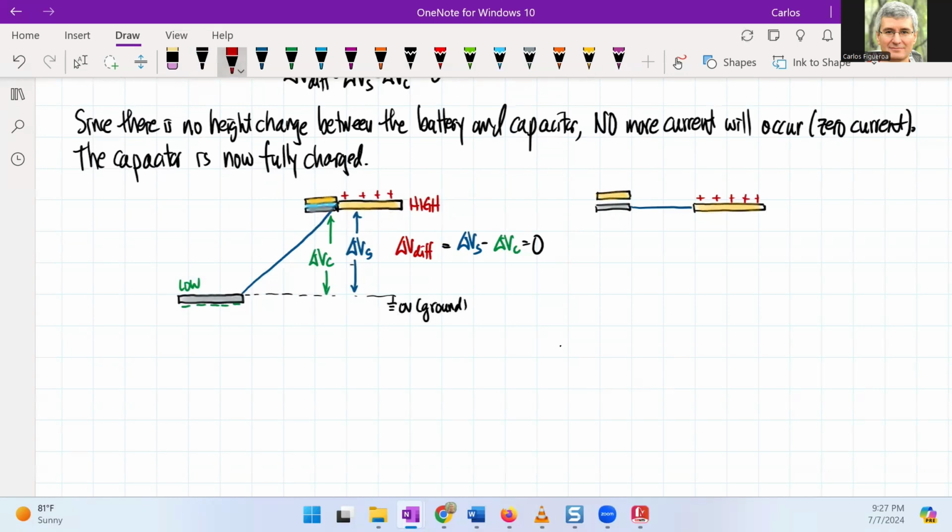And so this guy effectively has to have the same amount of charge. So now we can see that the difference between these two is zero. So when I go and measure them, everything has to be measured relative to the ground. So then we can see that this height is that, and finally, this height is exactly the same.